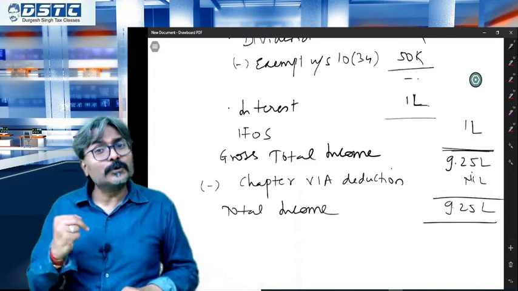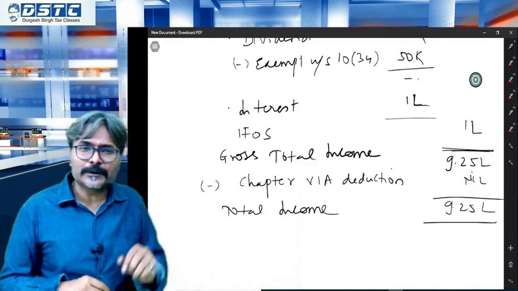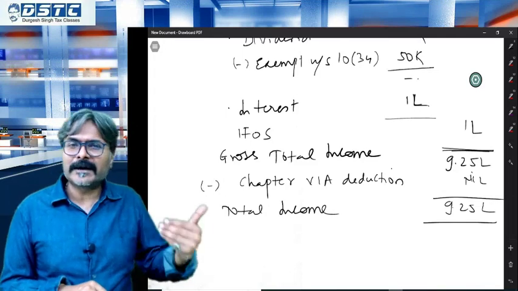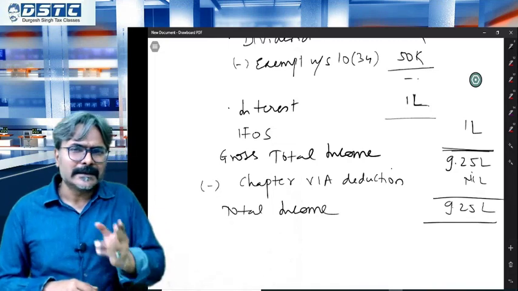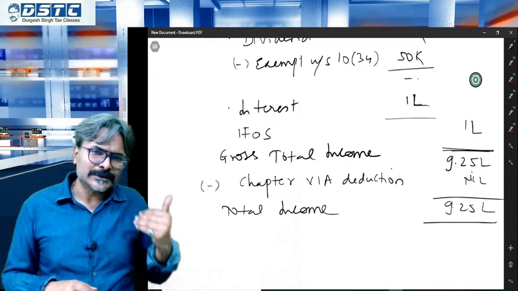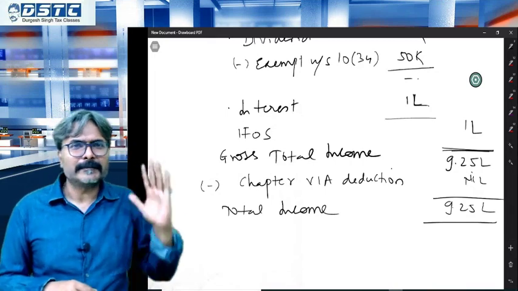Then you make the adjustments relating to PGBP, and finally you get your PGBP income. Then you take up the other heads, get the income of the other heads, GTI, Chapter 6A, and total income.